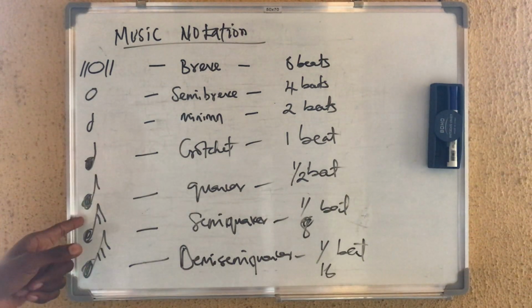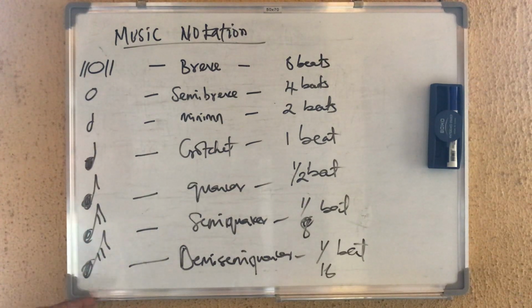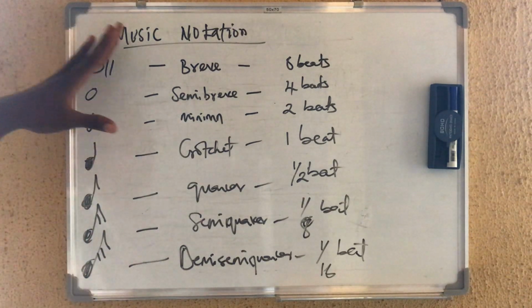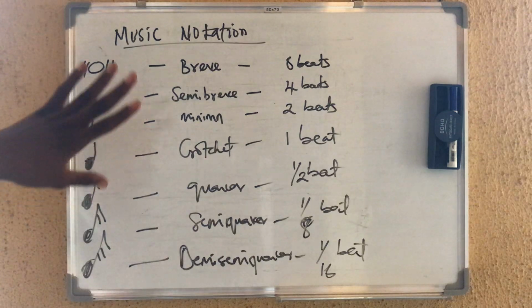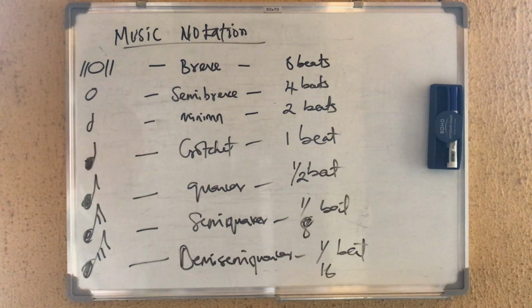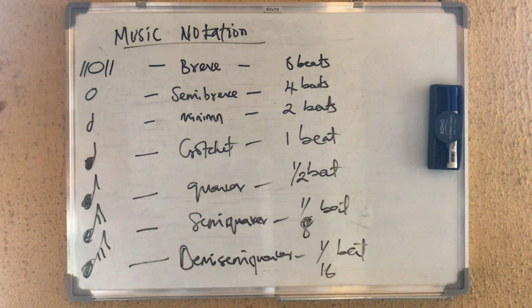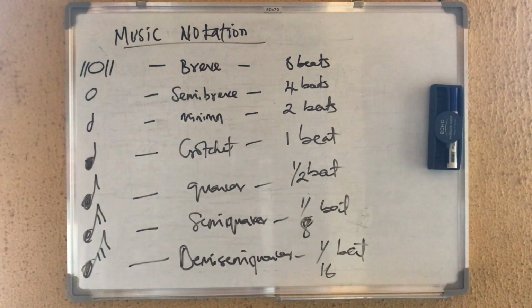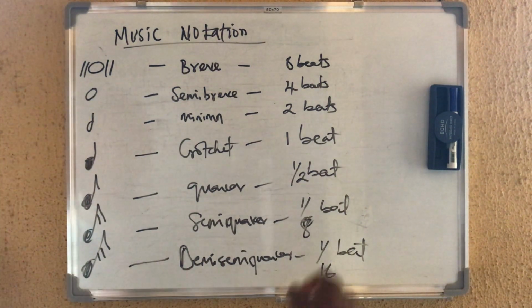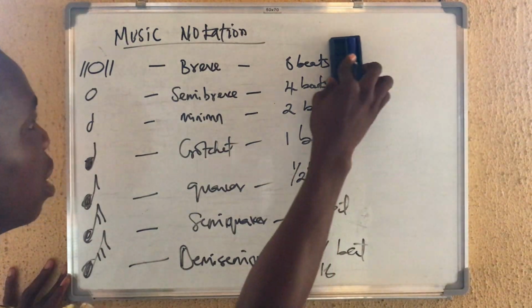So we have quaver, semiquaver, demisemiquaver. So you have to note the beats of these musical notes. Then we are going to go into how they are used in our staff notation, and how to respect them anywhere we see them.